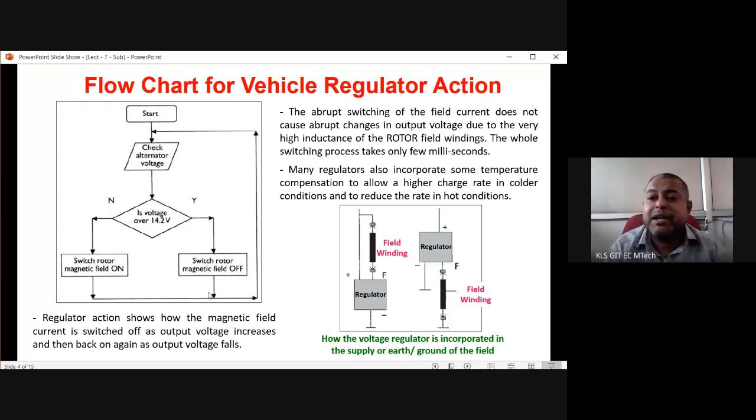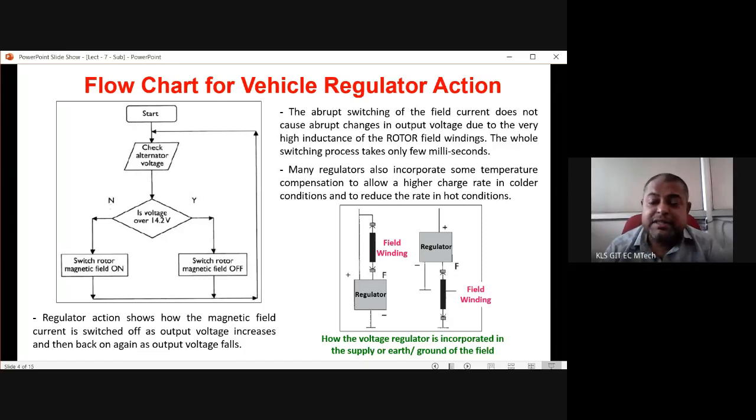So if you are having pen and paper, very short, you can write down the regulator action. In regulator action, we do two things. We check what is the output DC voltage after the rectification of the alternator voltage. If that voltage is greater than 14.2, cut off any current flowing through the magnetic field rotor.